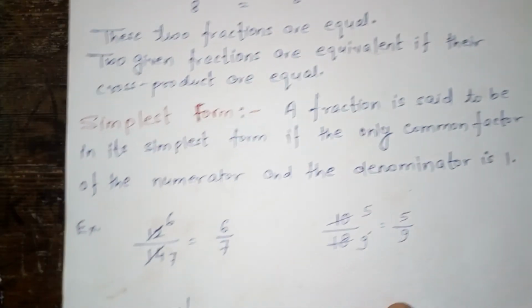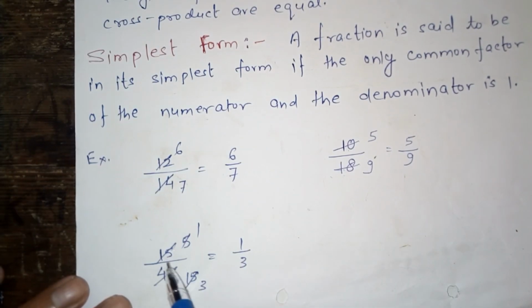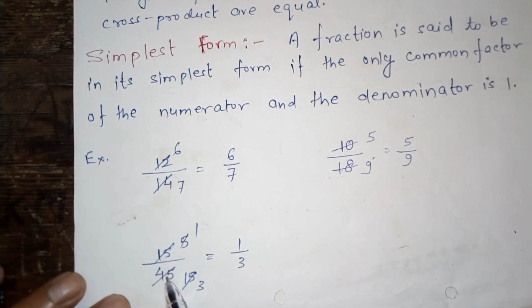Again, in 15 upon 45, as you can see, 15 and 45 are divisible by 3. So 15 divided by 3 you will get 5, and 45 divided by 3 you will get 15.